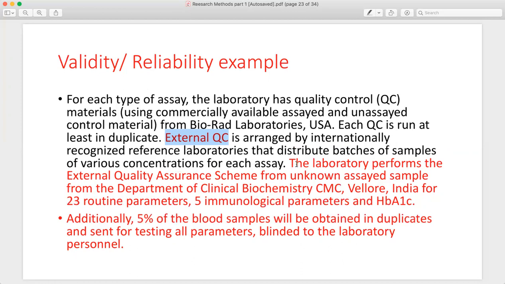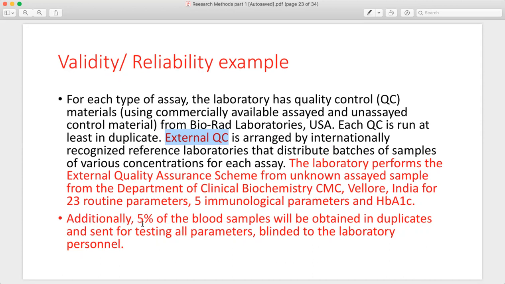The lab performs the external quality assurance scheme from unknown samples from the Department of Clinical Biochemistry of CMC Vellore. So we would give that information on how the external quality control was done, and then we also did internal quality validity and reliability checks.